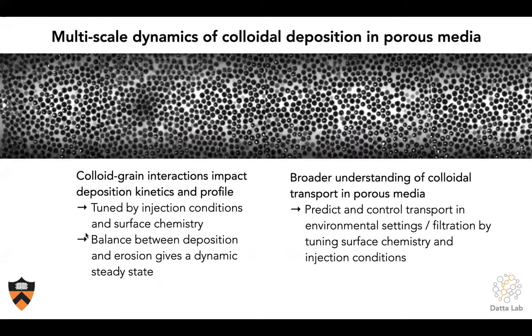And by taking these kinds of movies, our goal is to be able to develop a deeper understanding of the fundamental processes that control how colloidal particles spread, and thereby can predict and control spreading in environmental conditions. That's our ultimate goal.